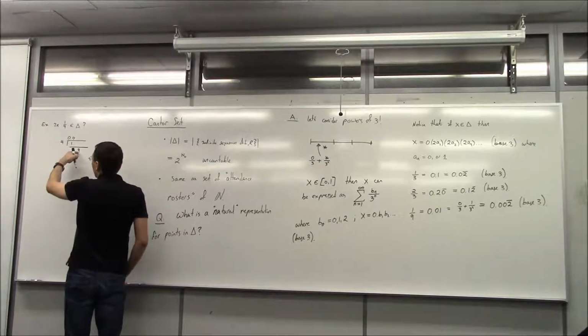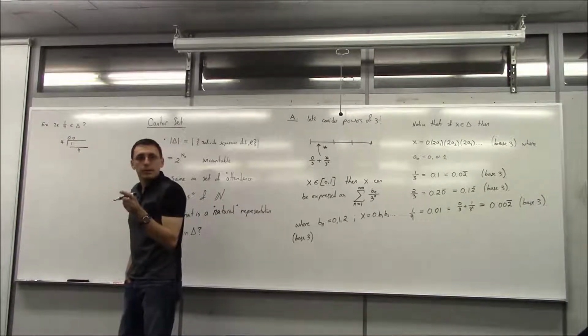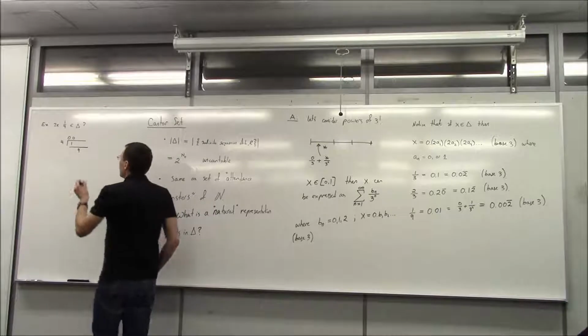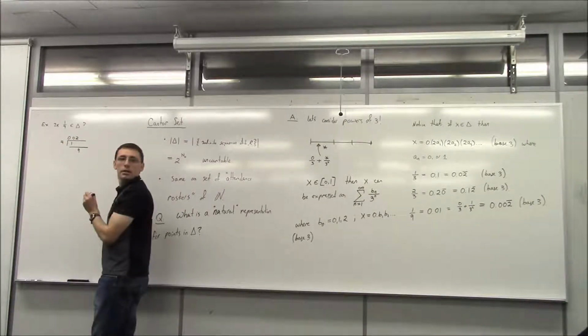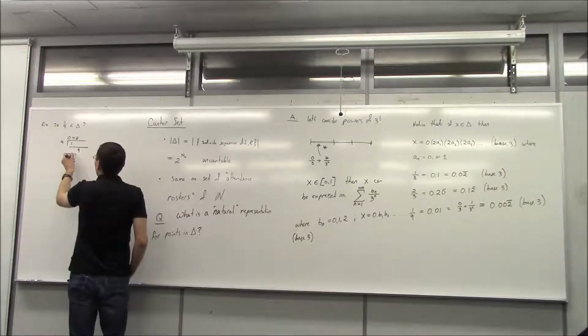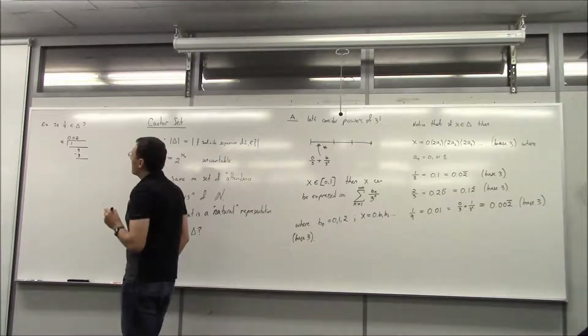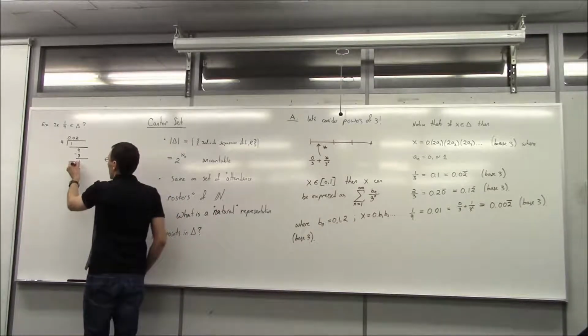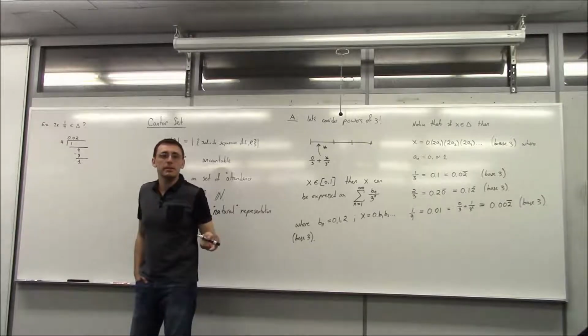If I take 9, what's the biggest number divisible by 4 that's lower than 9? This is 8, and 8 is 2 times 4, so this would be 2. Then we have minus 8 here, and 9 minus 8 is 1. And you see, once you get 1, the process repeats.